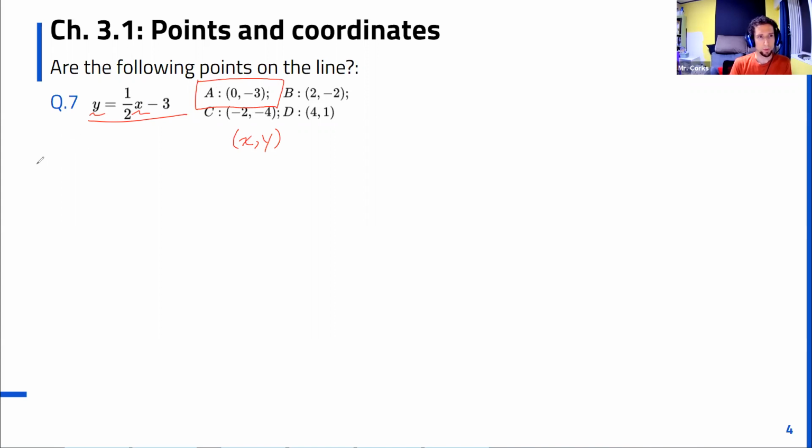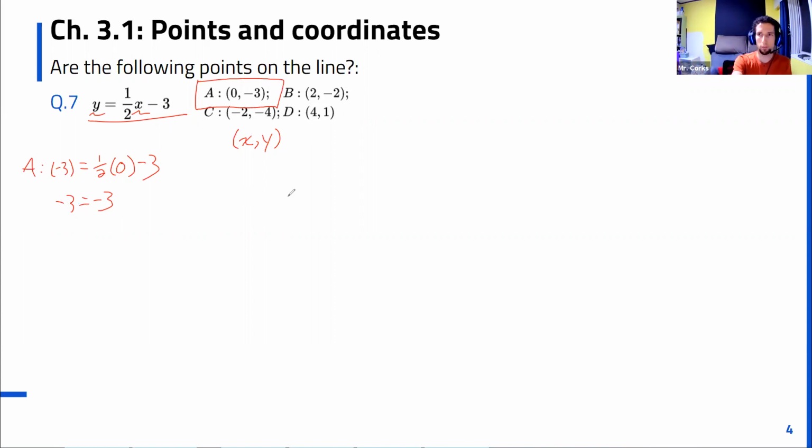So for the first one, point A, we get -3 is equal to 1/2 times 0 minus 3. -3 equals -3. Both sides are equal. How do we interpret that result? Does it mean it is on the line or it isn't on the line? We don't have to move everything.